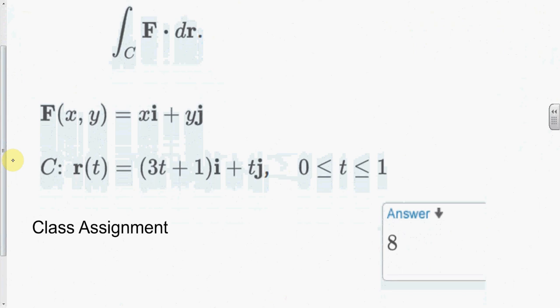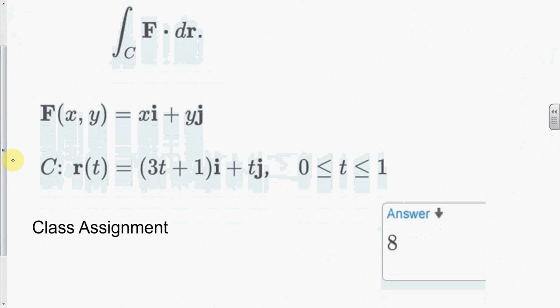R naught 3i, and then the j is 6t plus 1. No, the derivative of r is 3i plus j. What's the derivative of t j? It's just 1 times j. They go separate, right?